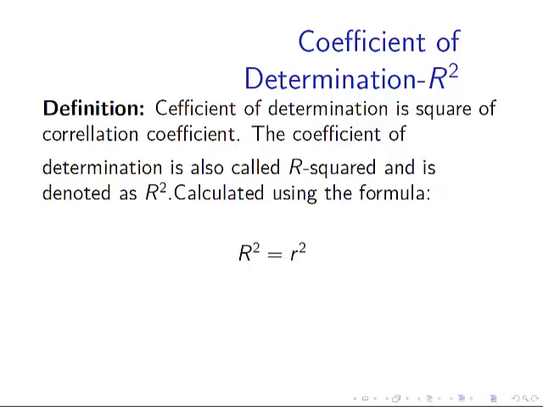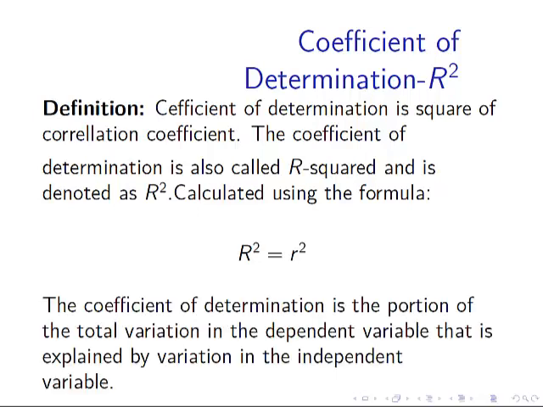Now we are going to an interesting thing. This is the explanation of why we calculate the coefficient of determination and why it's very important in statistics. The coefficient of determination is the portion, or you may write percentage, of the total variation in the dependent variable y that is explained by the variation in the independent variable.